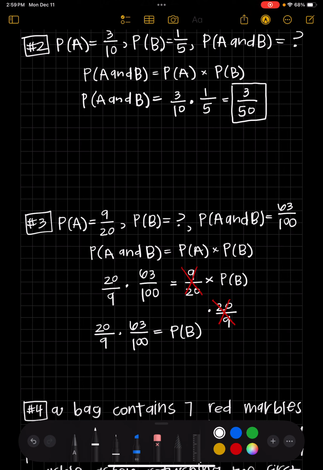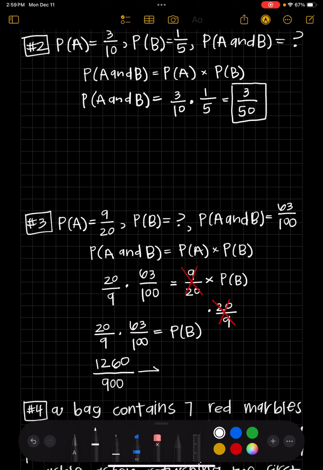So when we multiply fractions, we multiply top, top, bottom, bottom. So I'm going to do 20 times 63, which gives me 1260, big number. Then we do 9 times 100, which is 900.